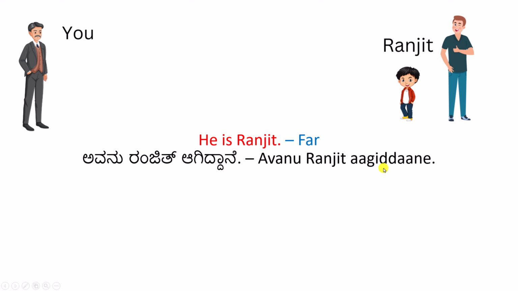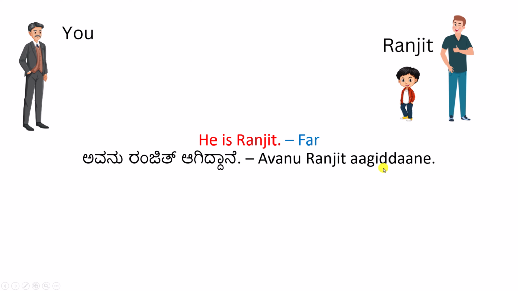Now, why did we select ಆಗಿದ್ದಾನೆ and not ಇದ್ದಾನೆ? It is because of the same reason that we have learnt in the previous video. ಆಗಿದ್ದಾನೆ has an inherent meaning of is something or is someone or have become someone or has become someone.